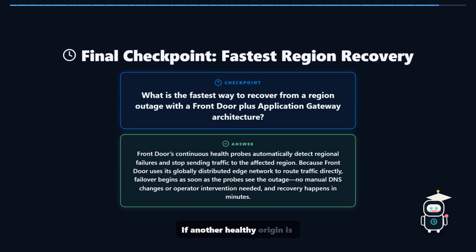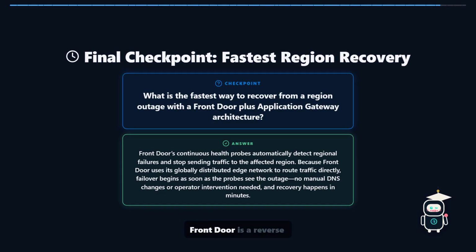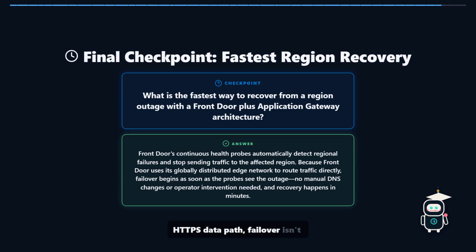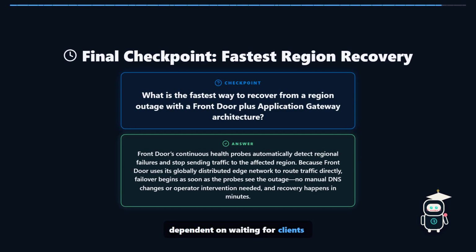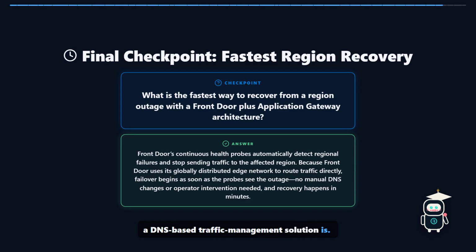If another healthy origin is available in the origin group, traffic can be directed there according to the configuration. Because Front Door is a reverse proxy in the HTTP and HTTPS data path, failover isn't dependent on waiting for clients to receive a new DNS answer in the same way a DNS-based traffic management solution is.